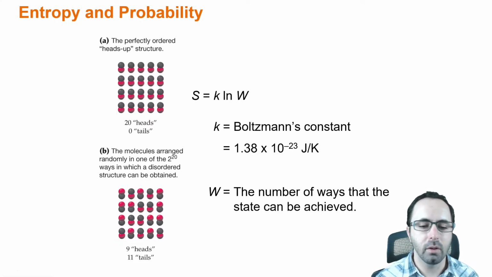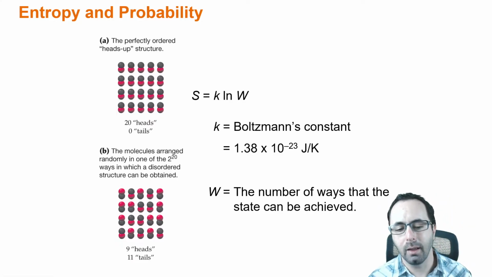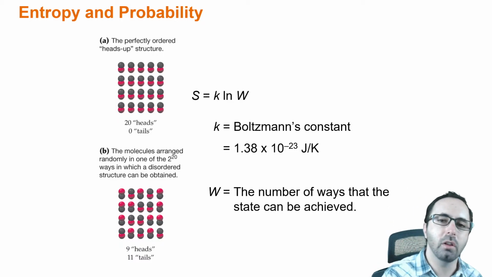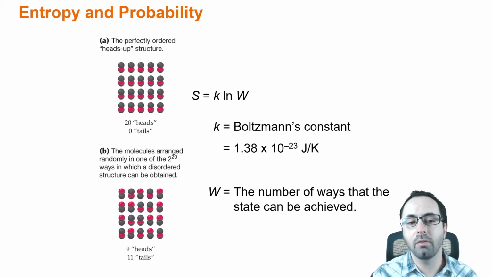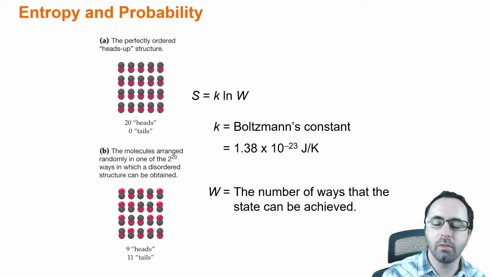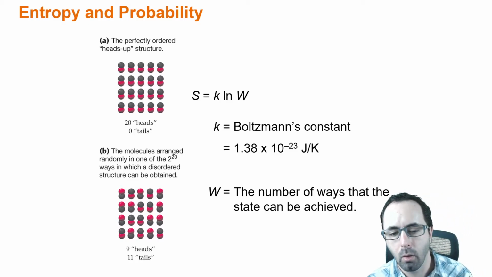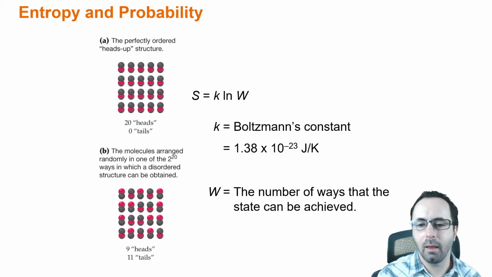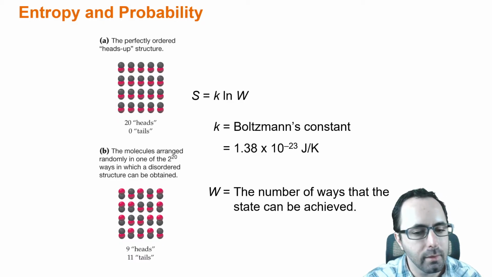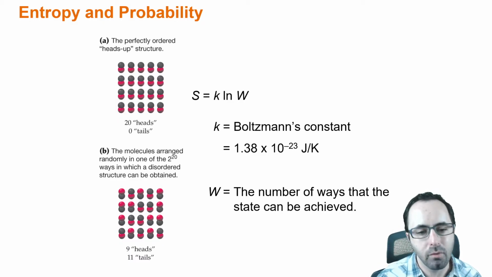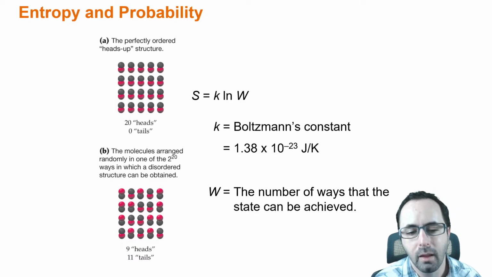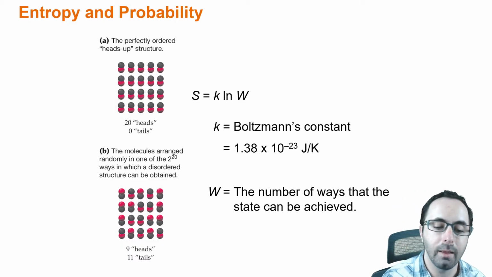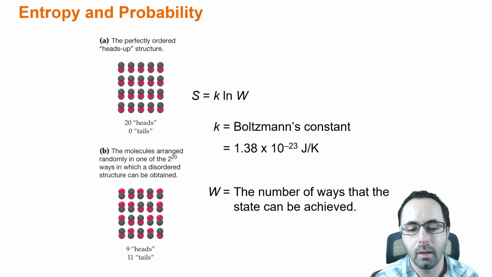There's lots of different ways in which you could get 9 heads and 11 tails. Maybe your first 9 flips are heads, and the next 11 flips are tails. That's one way. Or it could be heads, tails, heads, tails, heads. It could be lots of different possible sequences of coin flips that could give you 9 heads and 11 tails in 20 coin flips.